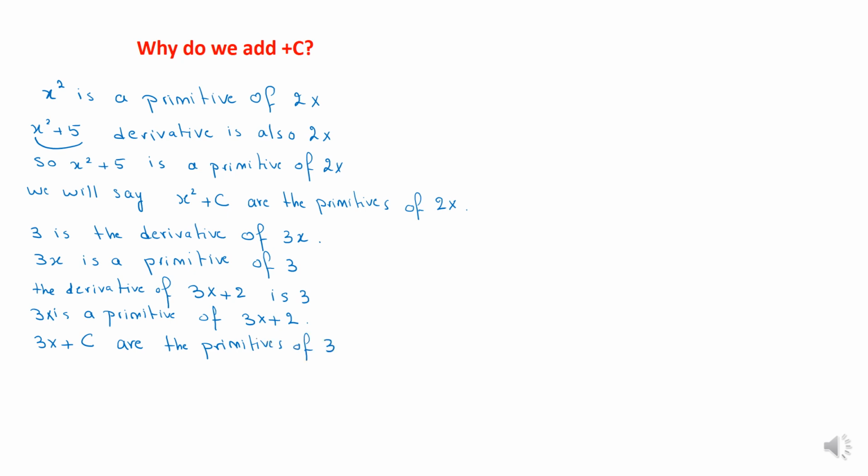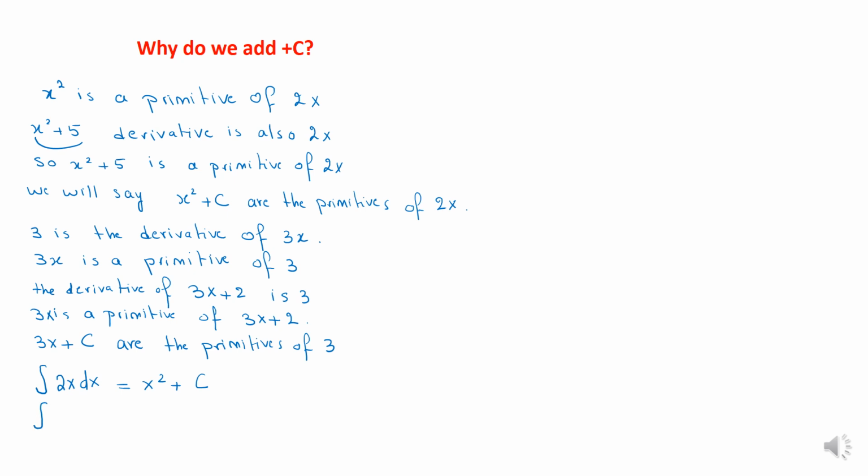Now instead of saying primitives all the time, we will use the symbol integral. So we will write integral 2x dx, and remember this is an area with length 2x and width dx, is equal to x squared plus c.